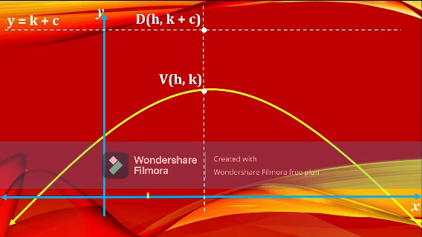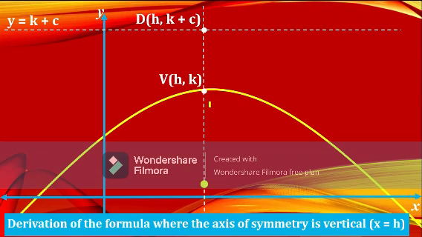Okay, how about this one? Let's try. So y is equal to k plus c. This would be our directrix. Always remember. Okay, let's have the derivation of the formula. Where the axis of symmetry is vertical, we have x is equal to h. But this time the opening of the parabola is downward.